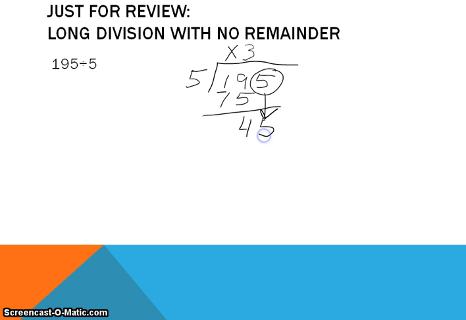So instead of just the 4, it will be 45. So we have to see, does 5 go into 45? And it does, and it goes in evenly. So 45 divided by 5 gives us 9. 9 times 5 gives us 45, and 45 minus 45 gives us 0. So that means that there is no remainder.